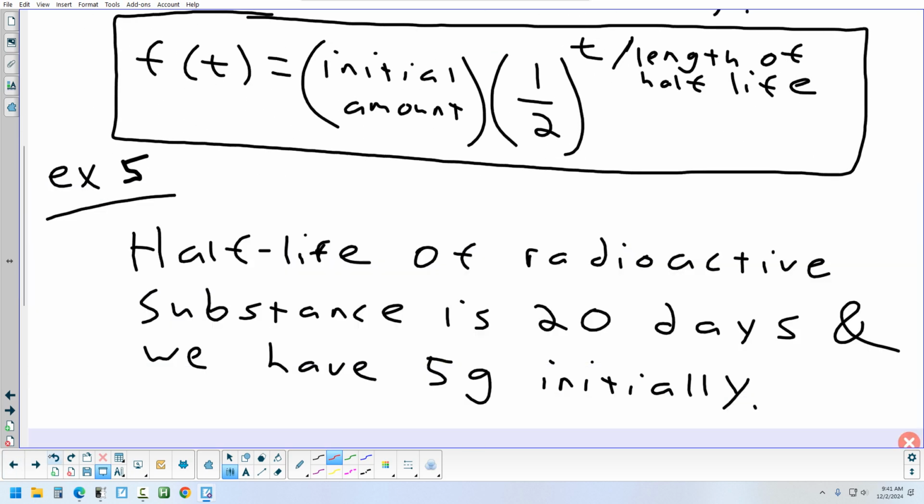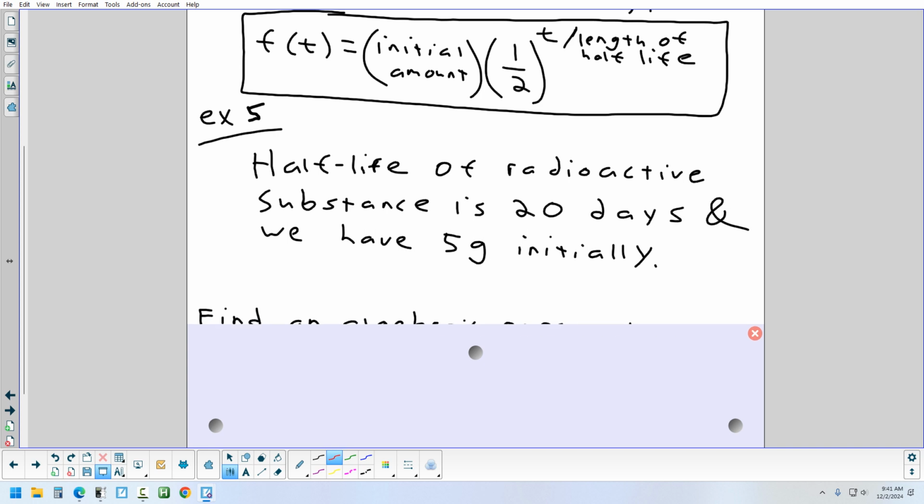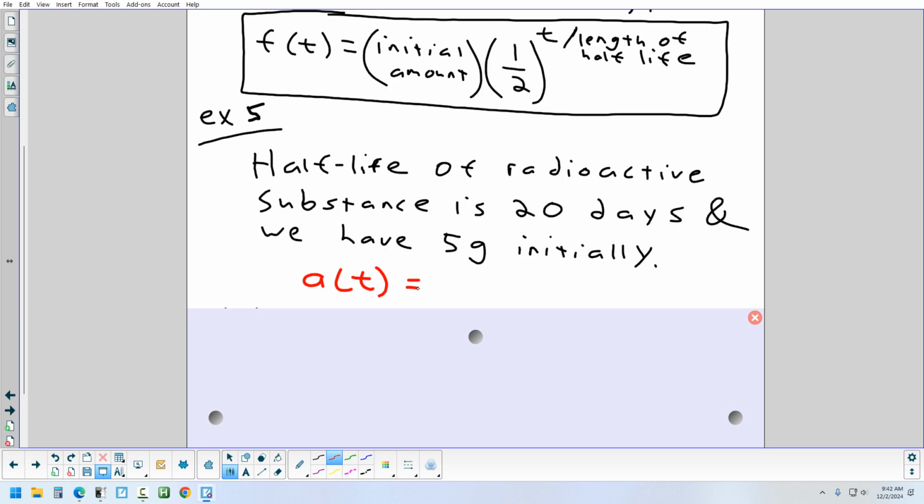Let's try that one. So it says the half-life of a substance is 20 days, and you are starting with 5 grams. Okay, let's make a formula for that first. So we're figuring out an amount. So I would probably name my function A. The amount of radioactive material as a function of time.